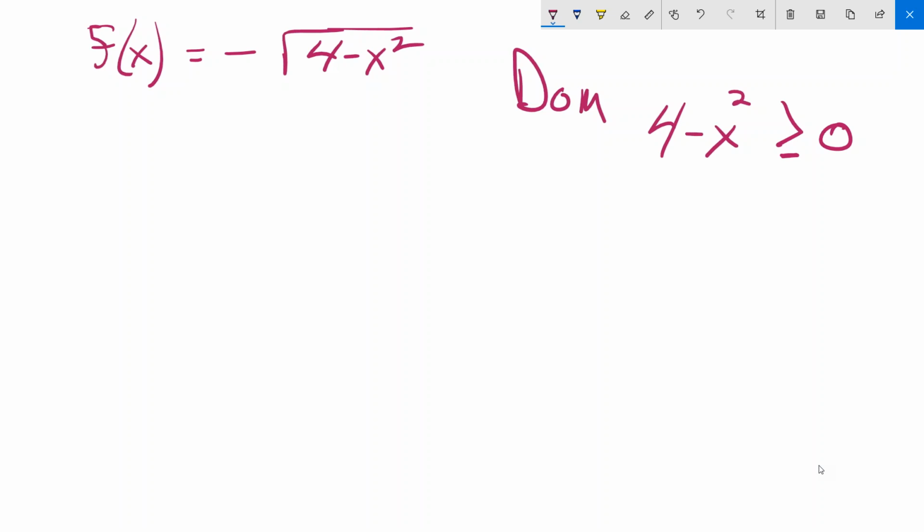Is it 4 minus x or 4 minus x squared? 4 minus x squared. Okay, so that's what's inside the radical. It does not matter how complicated it is. Whatever's inside the radical has to be greater than or equal to 0. Okay, now do you know how to solve that? Yeah, I'm doing it now.